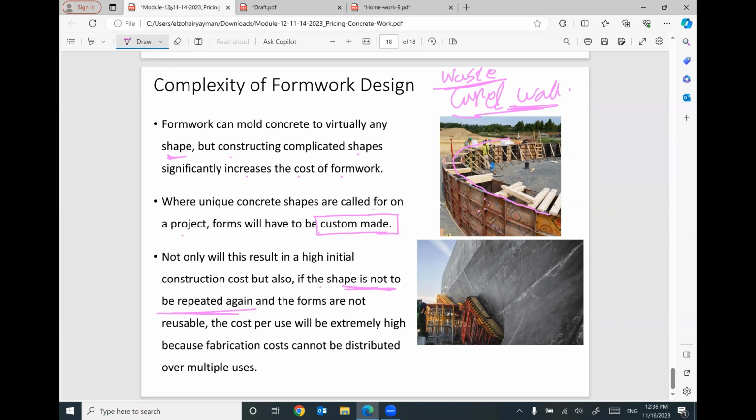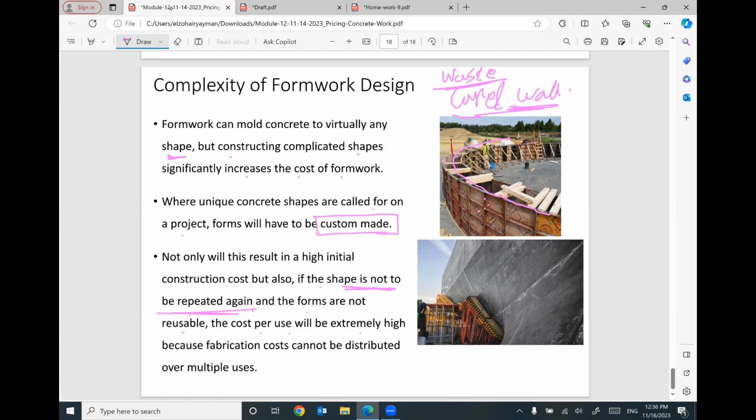So if the shape is not to be repeated and the forms are not reusable, the cost per use will be extremely high, because I will not distribute the cost over a number of projects. It will be only for this project. So this will add additional cost.